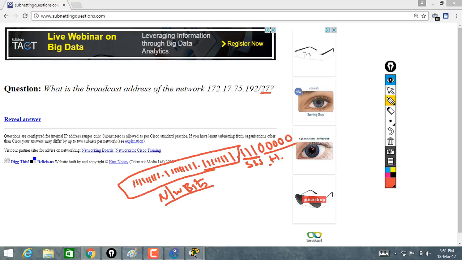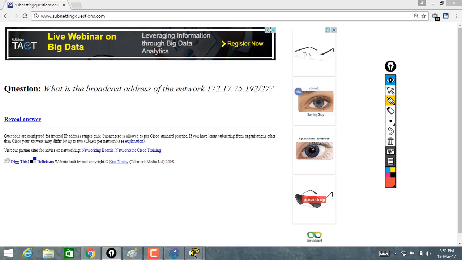I have got the block size, which is 32. The last octet is a mixture of 1s and 0s, so the changes will be in the last octet, because the 3 bits of /27 fall in the last octet, so it will go from 0 till 31.